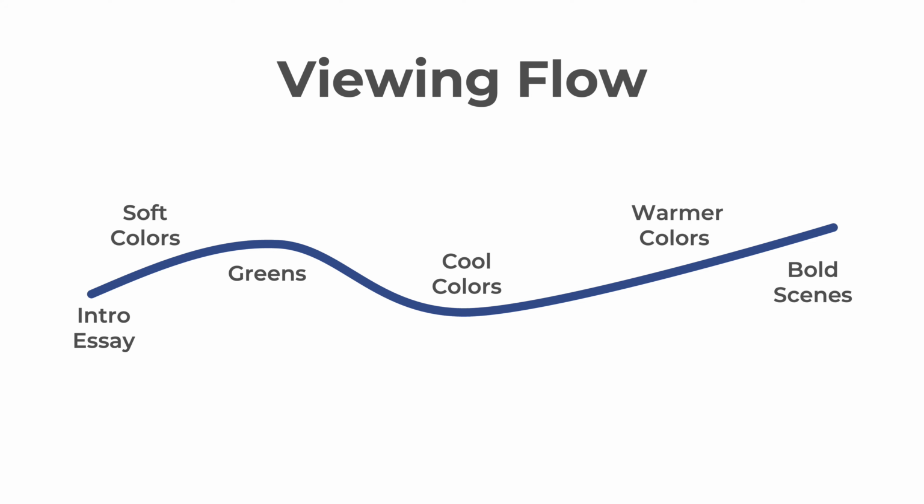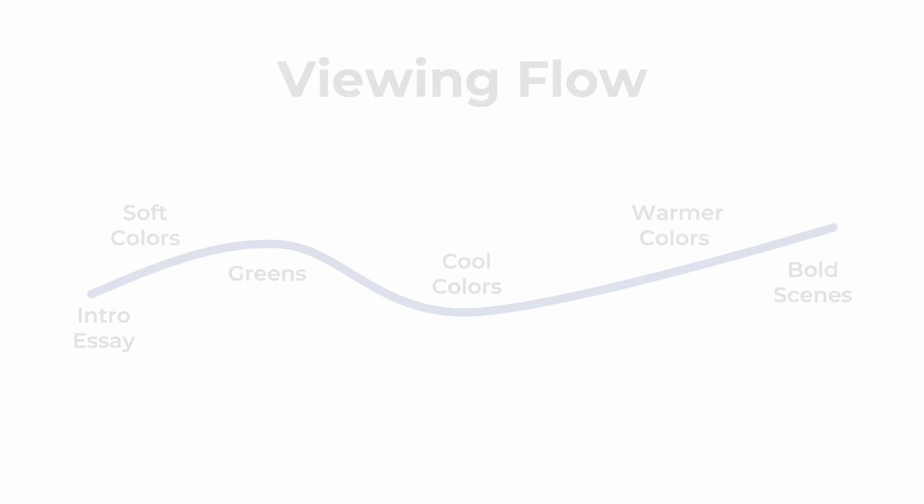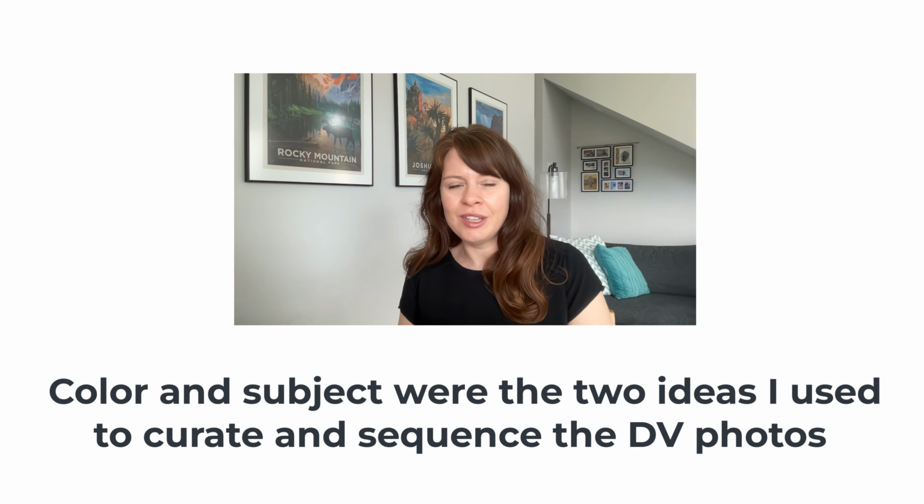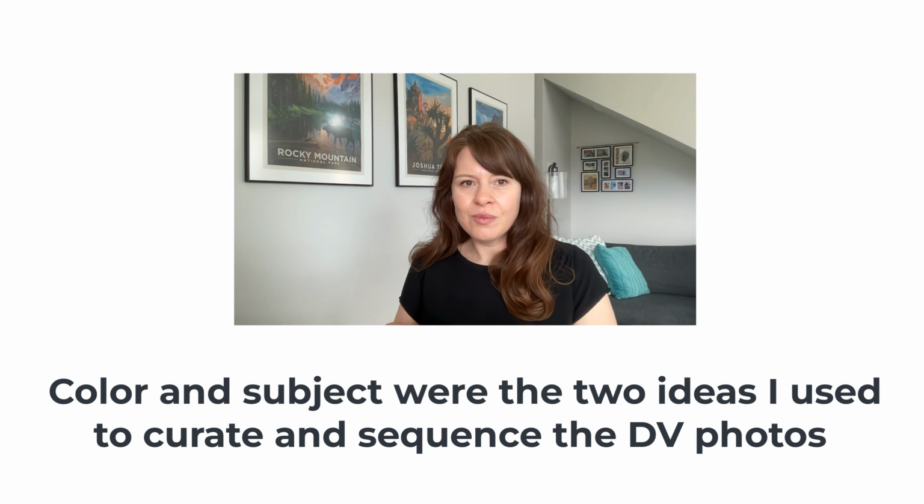And then I moved into a few photos with some greens, so some Joshua trees, and some other photos that had some greens in them. There weren't that many, so I included them as maybe a little bit of a dip in that portfolio. And then went into an expansive section of cooler colors, so lots of pinks, lots of blues, and then ended the ebook with warmer colors and bolder scenes.